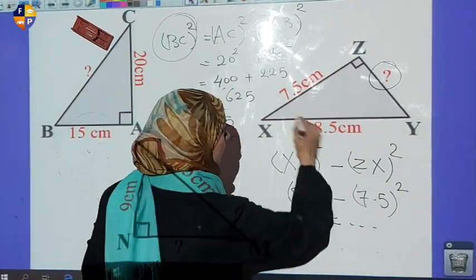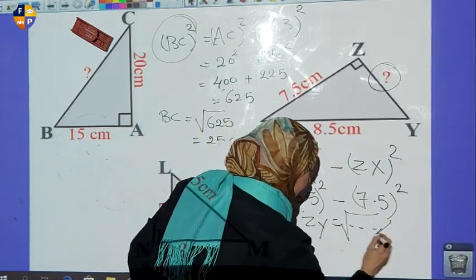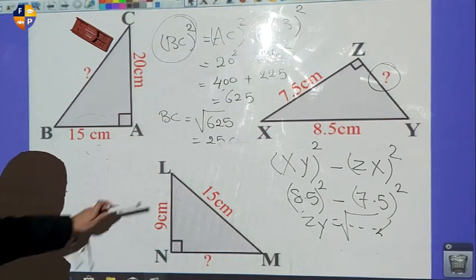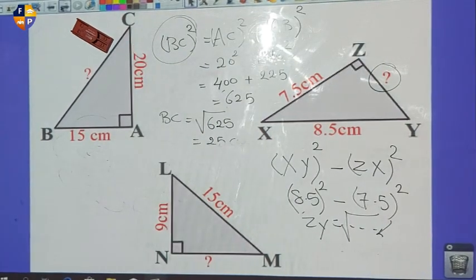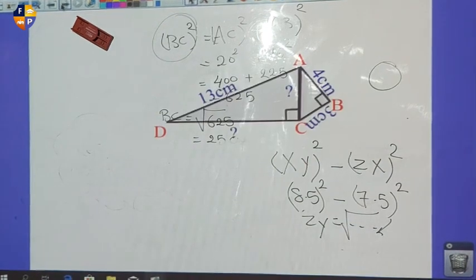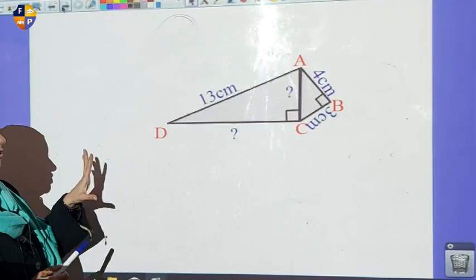So I want to get ZY, put the result under the root. And another exercise. Look at this exercise.